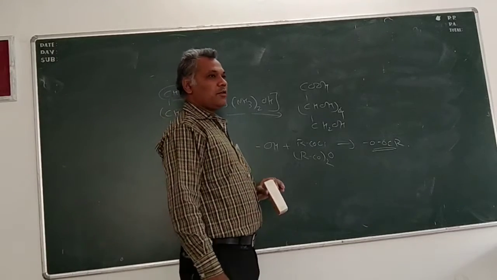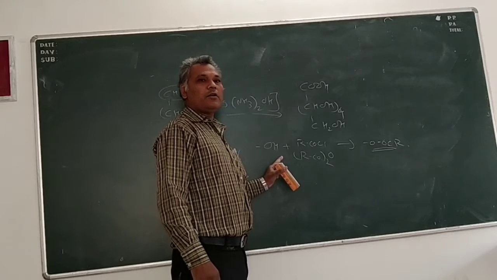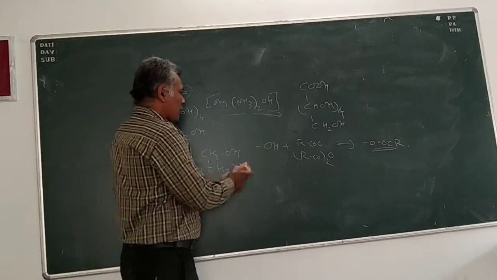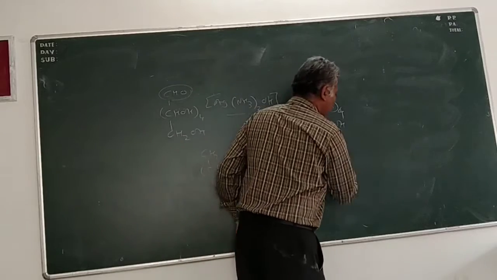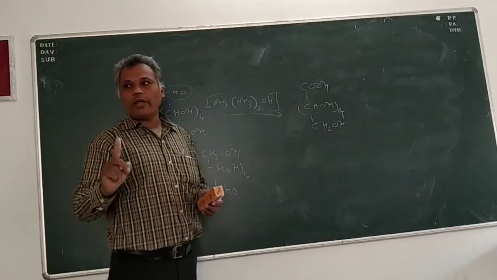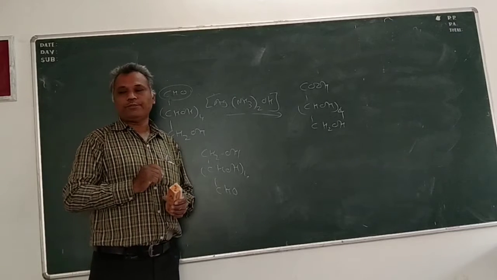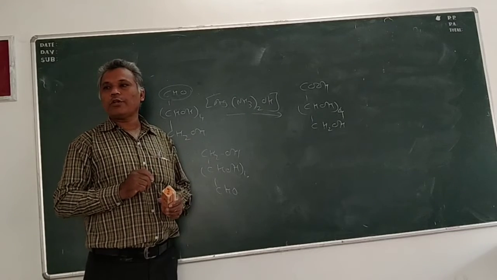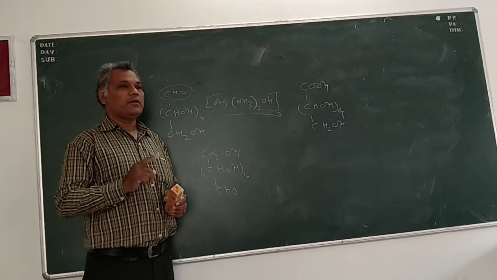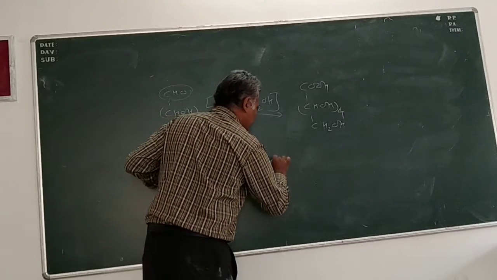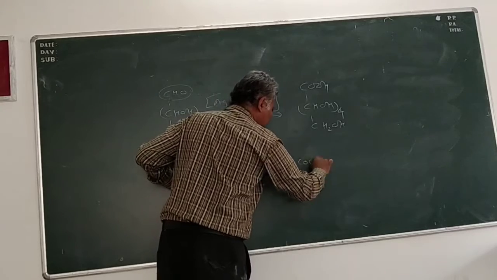And in an acylation reaction, what happens? OH becomes OCOR. So if you have one OH group, I need 1 mole of RCOCl. For one OH group, how many RCOCl will react? 1 mole of RCOCl will react. 1 mole of glucose was taken and 5 moles of RCOCl were required.